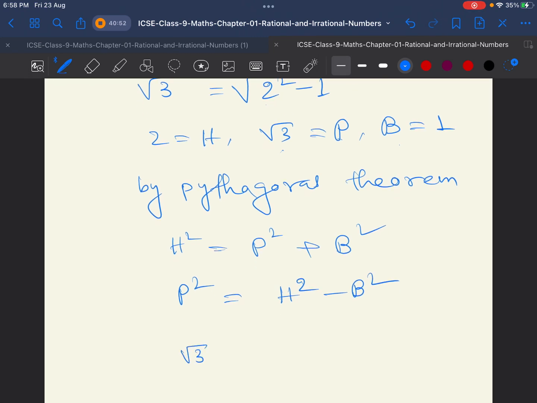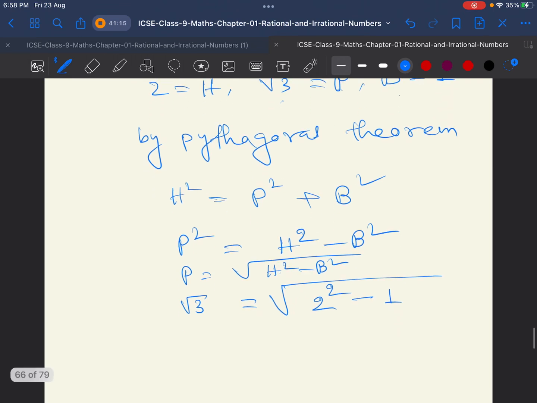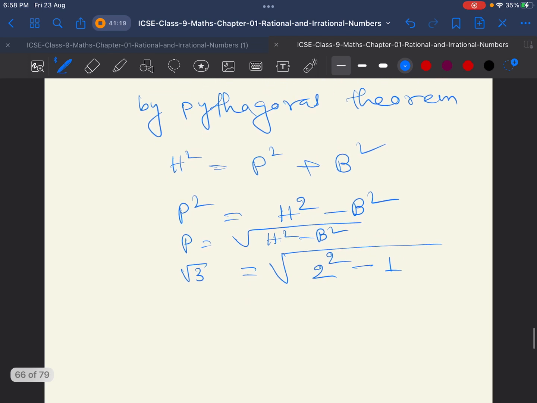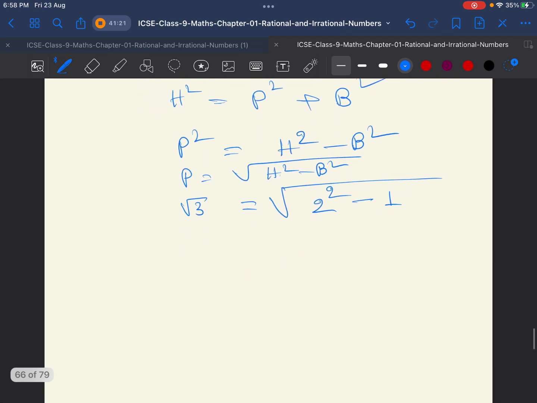So here the perpendicular is root 3, which equals the square root of hypotenuse square minus base square. So p is root 3, the hypotenuse is 2, and the base is 1.